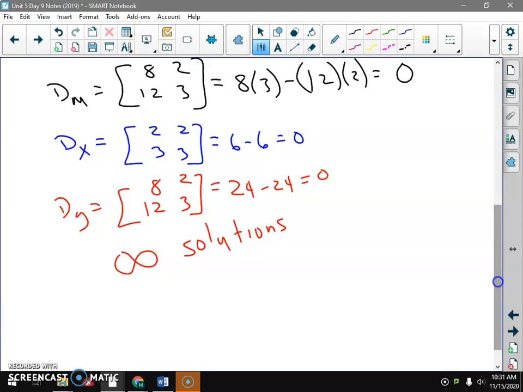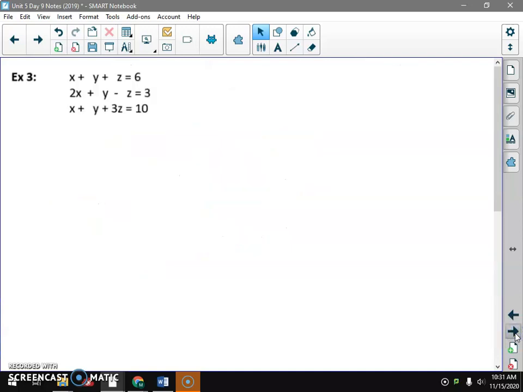All right. Let's try a big one. Let's use Cramer's rule on a 3x3. What does that mean? We're going to create 4 matrices.